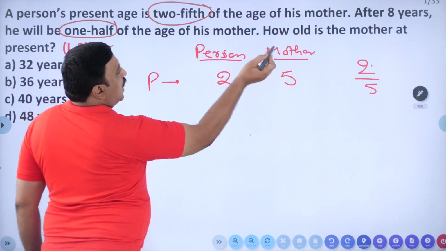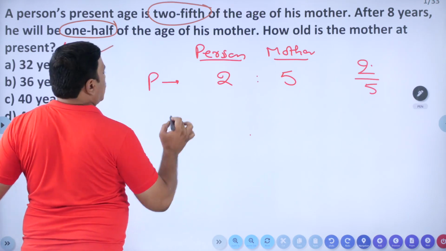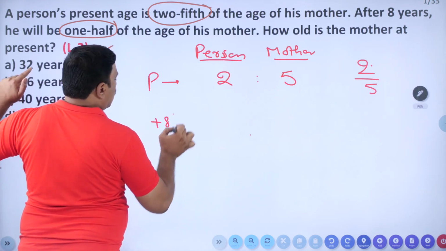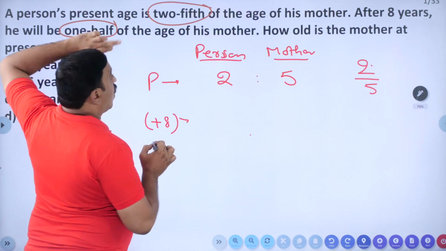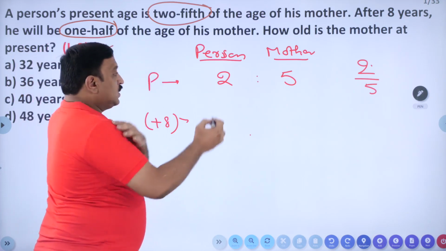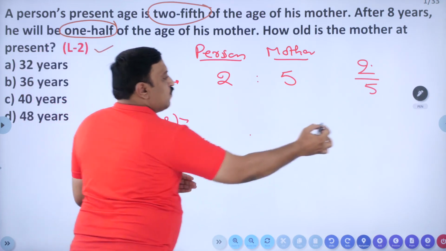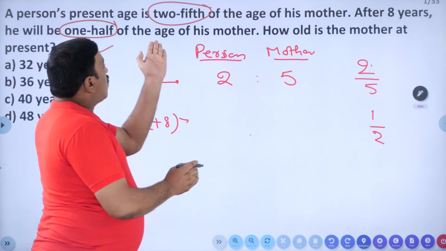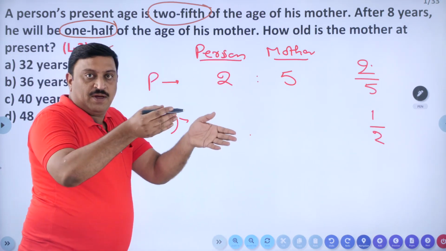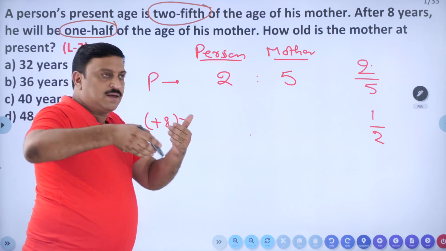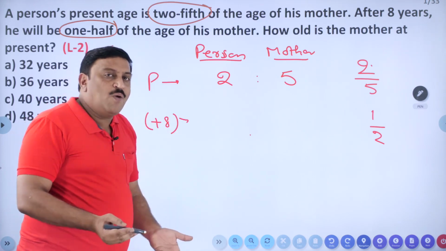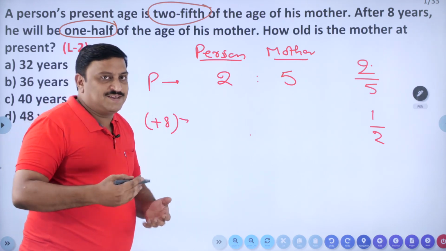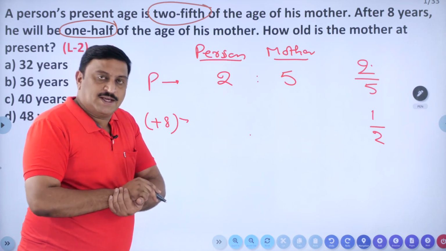After 8 years, he will be how much? 1/2 of the age of his mother. So 1/2 means half. It is not 1.5. If it were 1.5, you could say 1/2. But how can the son be 1/2, more than his mother?